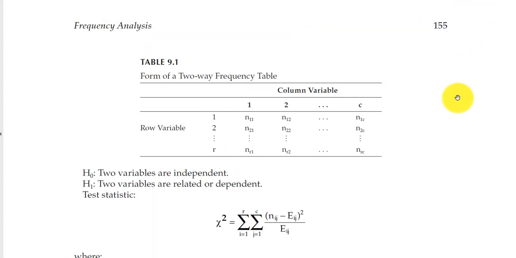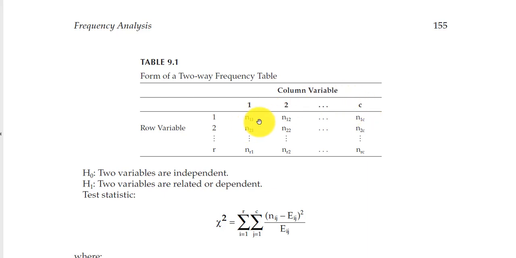In a two-way table, we have a row variable and a column variable, so think about this perhaps as 2 different survey questions, a demographic question and an opinion on a local political issue. So you may have here R different demographic levels and C different responses to this political issue.